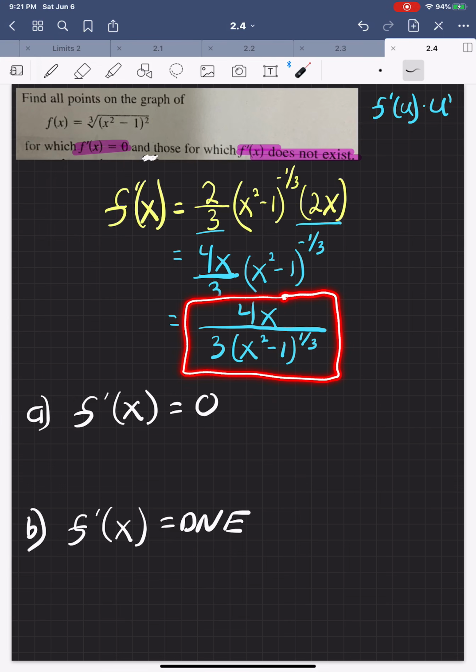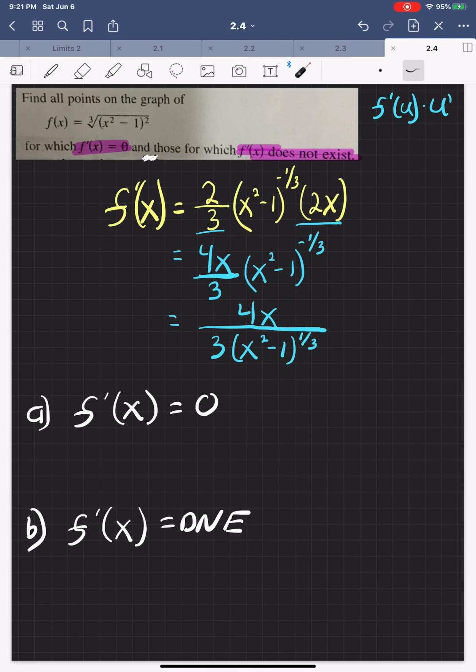If you want to make a fraction not exist, in this case we'll assume we're not worried about negative numbers inside square roots or fourth roots or anything with an even index. Let me say that one more time without the tangent. If you want to make a fraction equal 0, make the numerator equal 0. If you want to make a fraction not exist, make the denominator equal 0.